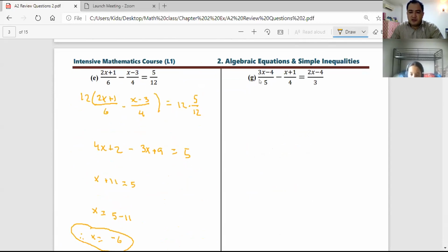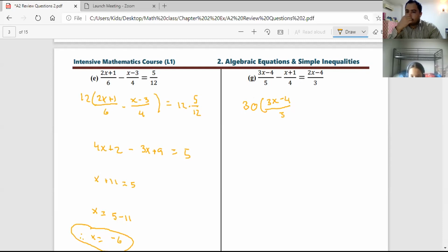Okay, here we have 5, 4, 3, right? So what is the least common multiple of 5, 4, 3? 30. Very good. So multiply both sides by 30. Now, Shahina, can you stop here?